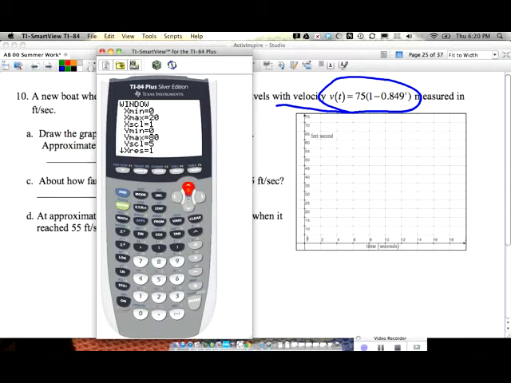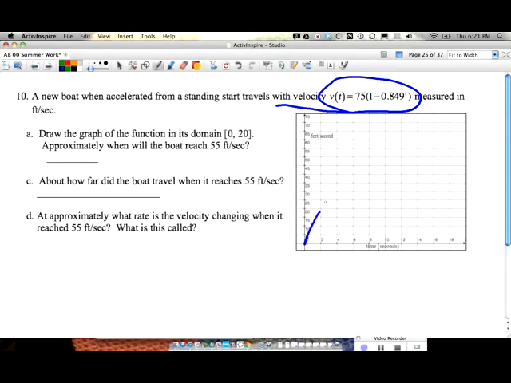So now we're going to have marks that look just like this graph here. That'll make it easy for us to sketch. Let's graph it now. That looks pretty close. All right, so that's not too hard to draw. Looks like it starts at 0, ends at about 75 or so. So it looks like we're going to have something that looks like this.